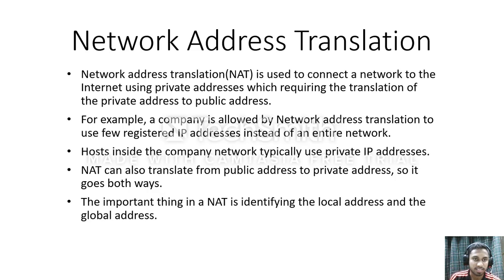Network address translation can also translate from public address to private address, so it goes both ways, private to public, public to private. The most important thing in network address translation is we must know how to identify the local address and the global address.